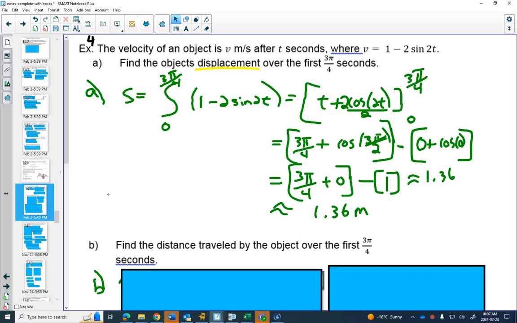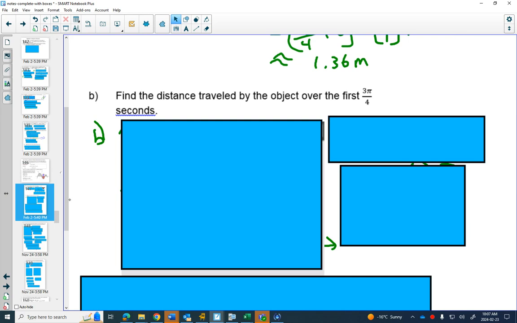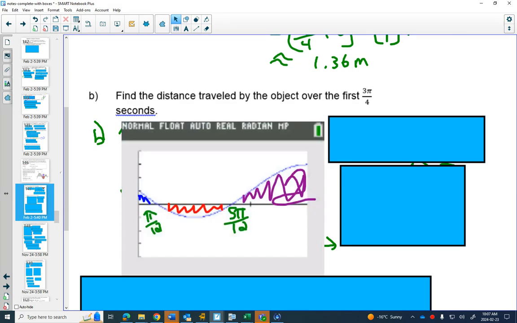And we want to become efficient, because when we get to our exam, Miss Murphy's room next door won't be available for extra time. We have a certain amount of time that we have to do it in. So we want to make sure that we're doing things as efficiently as possible. So now we want to find the distance traveled over the first 3 pi over 4 seconds. Here's the graph.